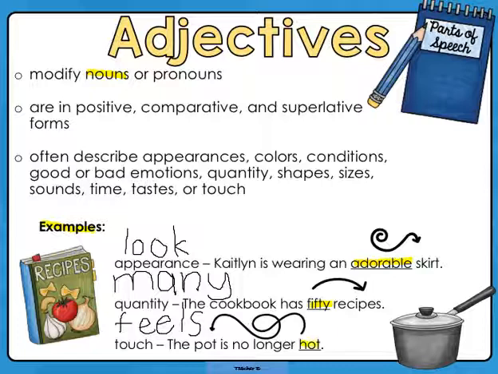The pot is hot. Hot is an adjective. So there's 3 questions you can ask yourself to identify the adjective. The first question is how something looks, how many of the object there is, and how something feels.